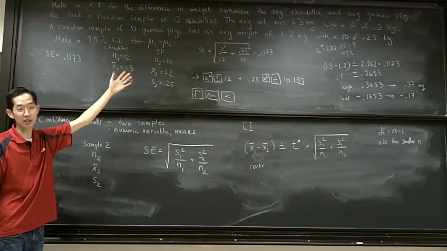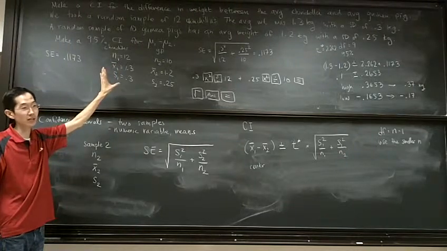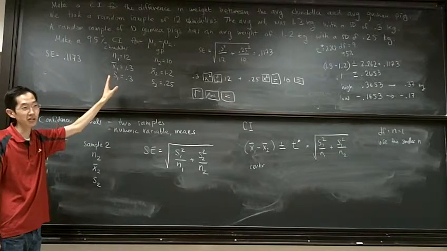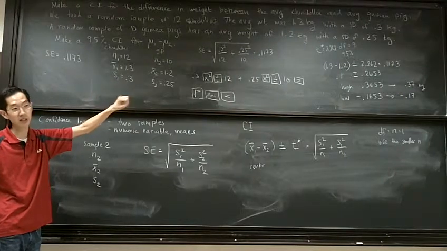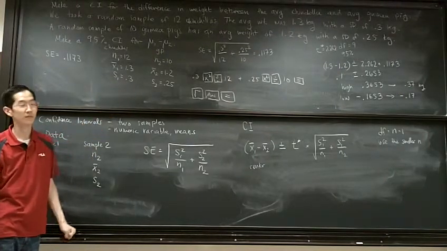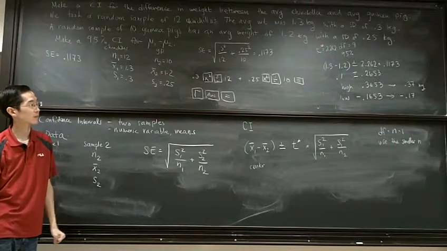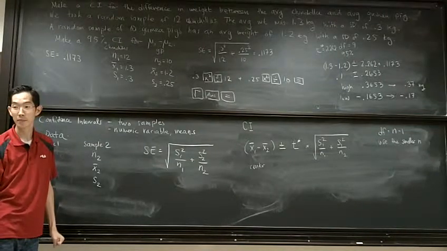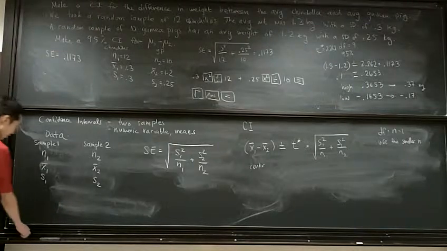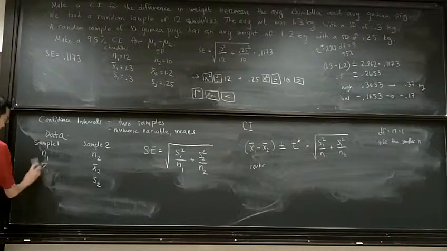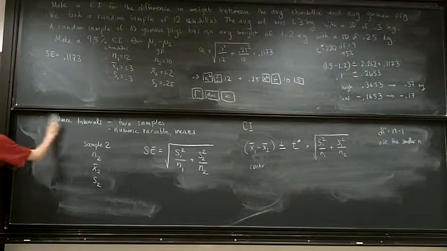This was an arbitrary assignment. I could have just as easily called guinea pig sample 1 and chinchillas sample 2, and I will explain what would have happened if we did that. In this problem, we assume that all the assumptions are met for confidence intervals? Yes. I'll talk about the assumptions and conditions for confidence intervals and hypothesis tests at the very end of today's lecture.